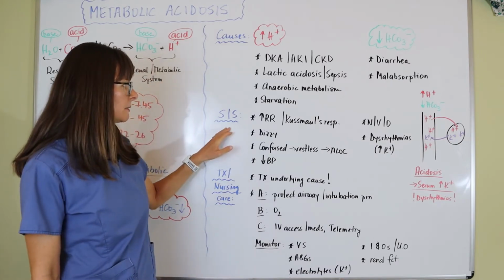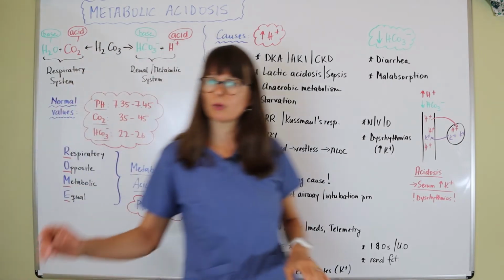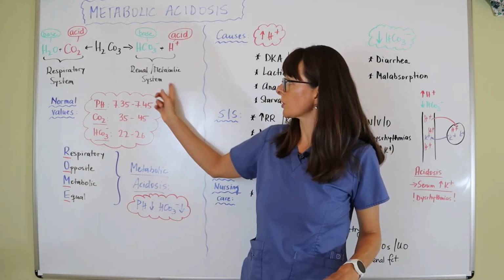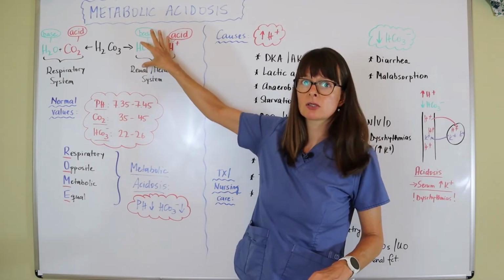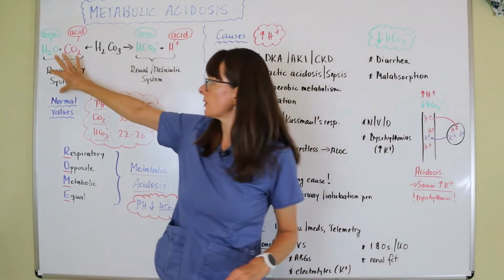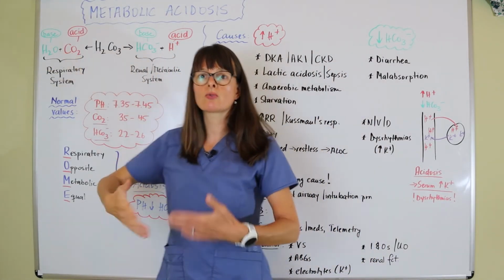And signs and symptoms. Because we know that the renal and respiratory systems work together, if we're in metabolic acidosis, so the problem is here on the renal side, the respiratory system kicks in and tries to regulate it.